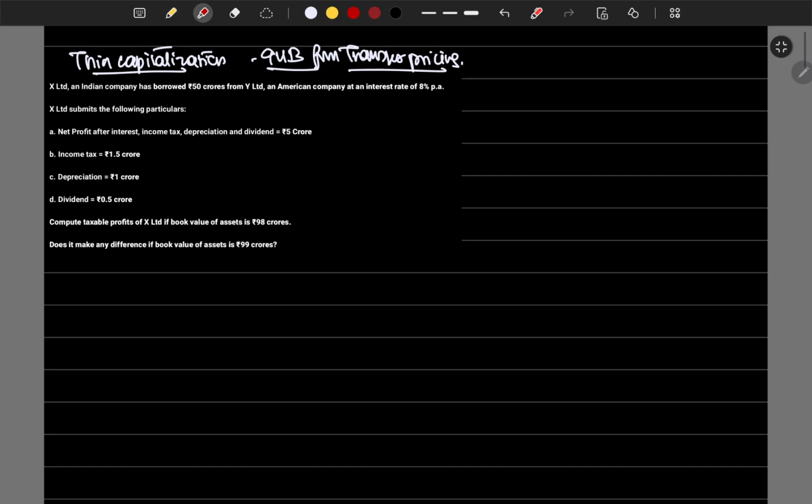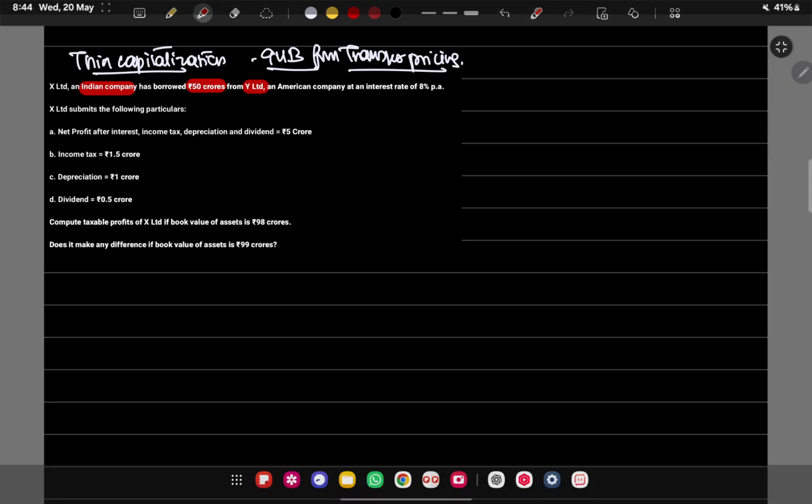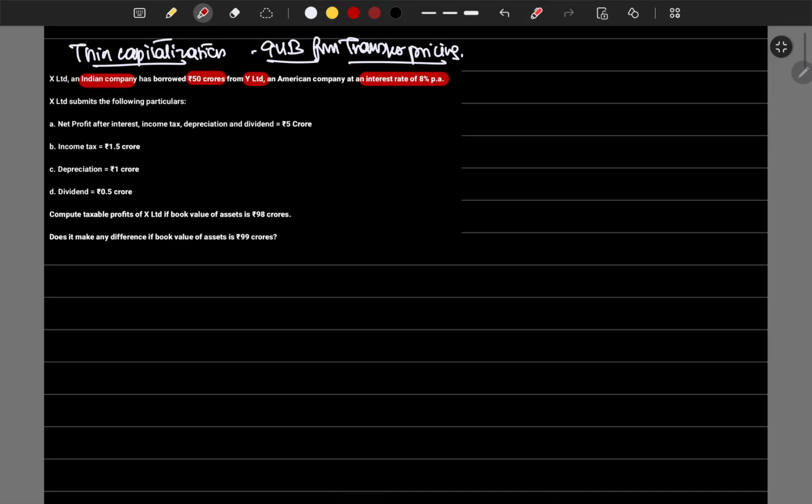Now, thin capital X Limited is an Indian company, which borrowed 50 crores from Y Limited, an American company, at an interest rate of 8%. They haven't said whether it is an AE or not. They haven't given any information so far here.